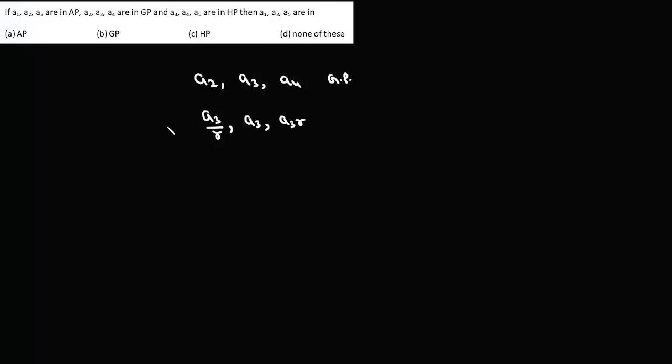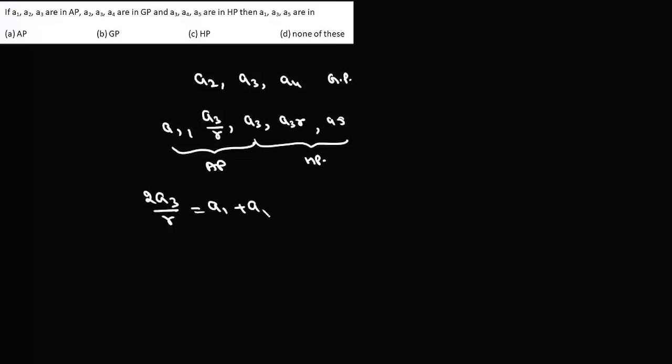Now it says A1, A2 and A3 are in AP, whereas A3, A4 and A5 are in HP. If they are in AP, then 2 times A3 by R is equal to A1 plus A3. So we'll get A1 as A3 into (2 by R minus 1), or A3 into (2 minus R) upon R, and this is our first result.